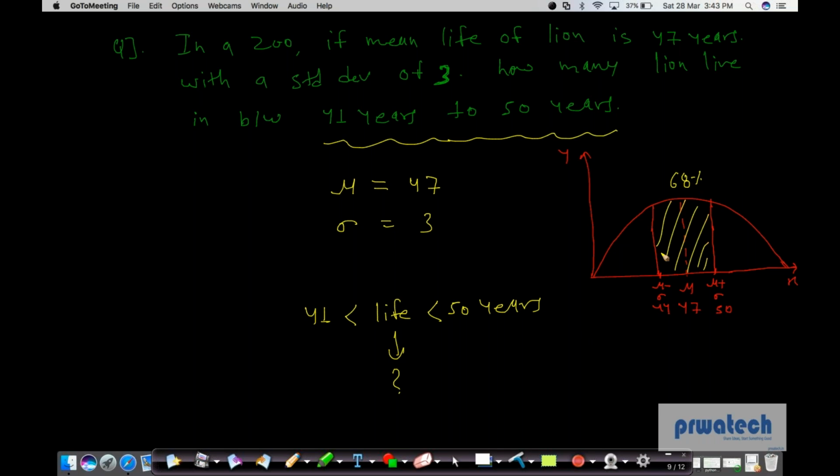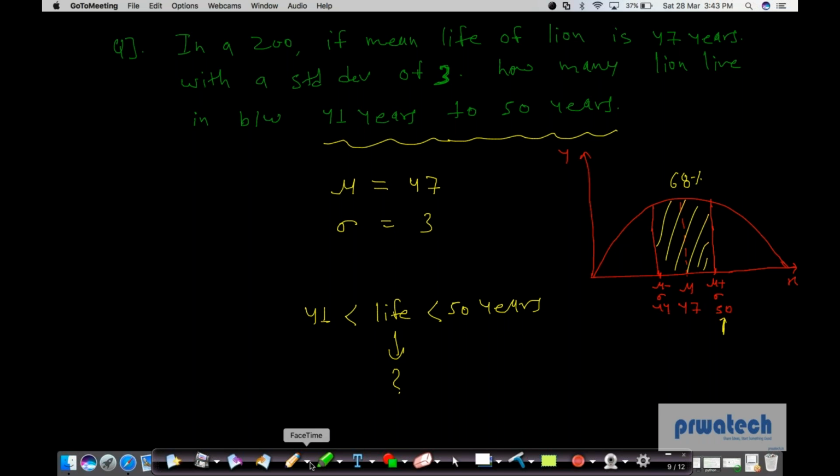Now this point is clear because the question is, how many lions live between 41 to 50 years? So the maximum was 50. I have reached 50 already. I will not count this side now because my maximum 50 is counted already.